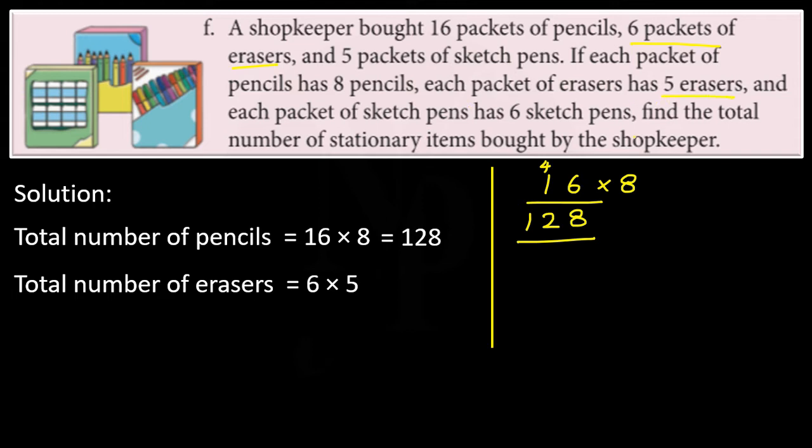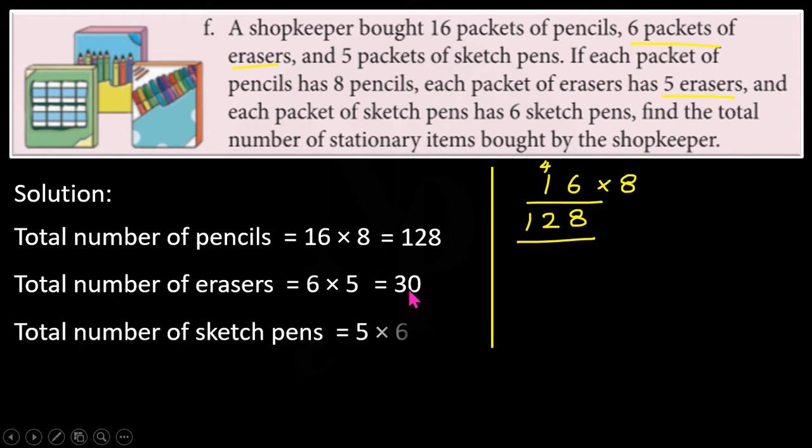So to find the total number of erasers, we should multiply 6 by 5. On multiplying 6 by 5, what do we get? 5 6s are 30. The number of erasers he bought is 30.